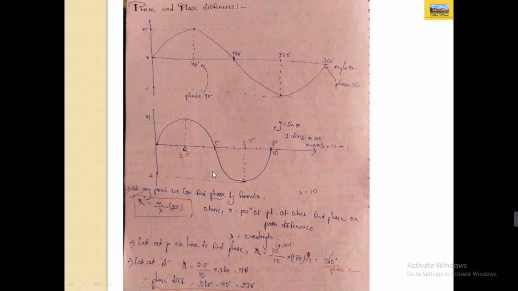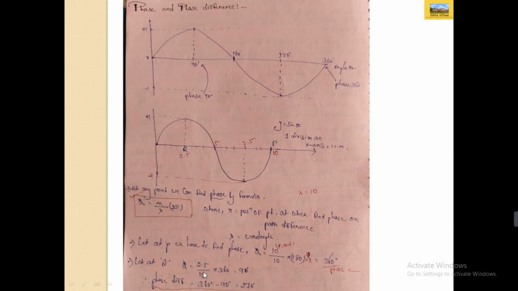Let P be a point where we have to find the phase. In this case, the value of x is 10, divided by lambda, which is the wavelength, 10. We know pi is 180, so 2 pi is 360, that is the phase is 360 degrees at point P. Similarly another point, that is Q. Here the value of x is 2.5 and lambda is 10.